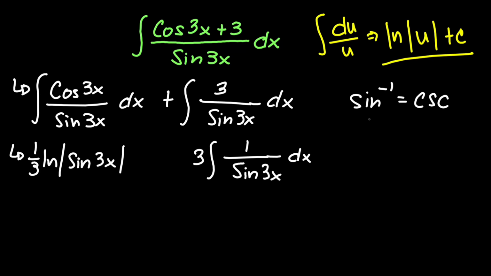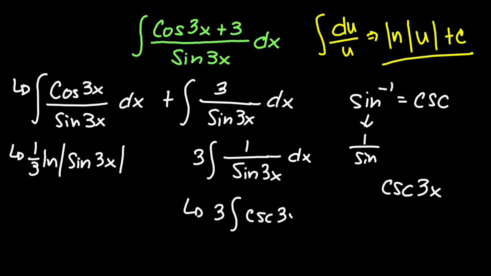The inverse of sine, this is equal to 1 over sine, is equal to cosecant. So we have here sine 3x. If we take the inverse of this, it would be equal to cosecant of 3x. So the other form of this would be equal to 3 the integral of cosecant 3x dx.